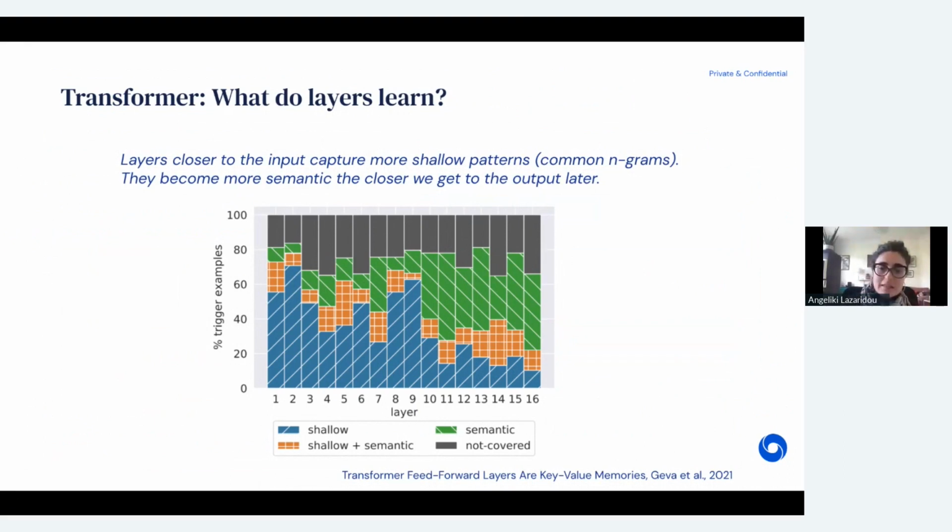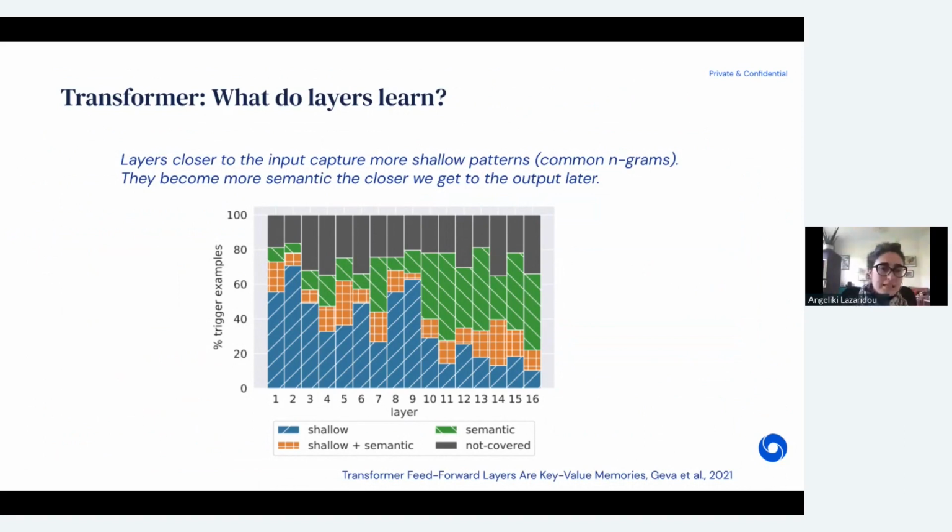We see here that layers closer to the input capture more shallow patterns, like common n-grams, and these patterns become more and more semantic the closer we get to the output layer. We can see here, for example, that layer 1 has more of the blue, which is shallow, but blue gets smaller as we go to layer 16, and green, which is the semantic, tends to overtake.